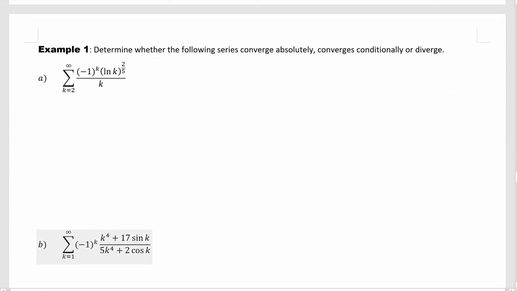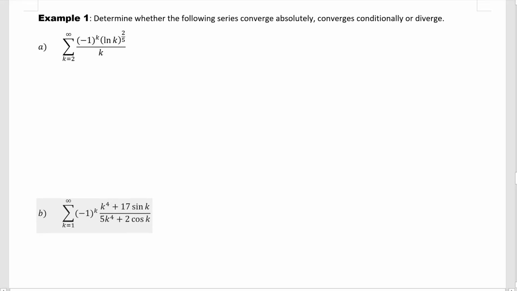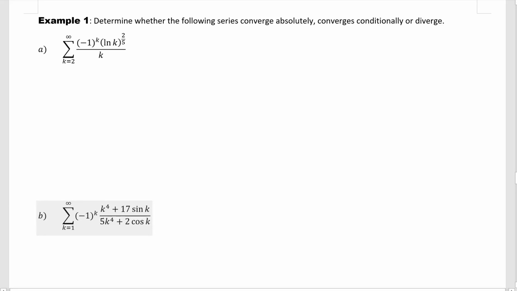But before we go over examples of the alternating series, I hope that you have realized all the previous problems of this chapter are like determining whether the following series converges or diverges.